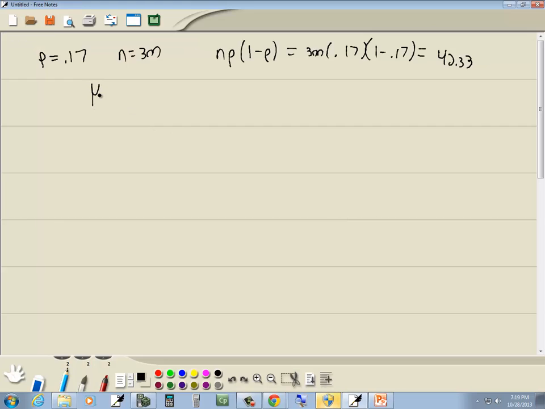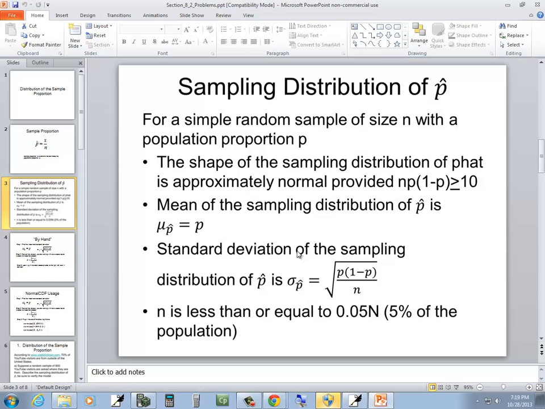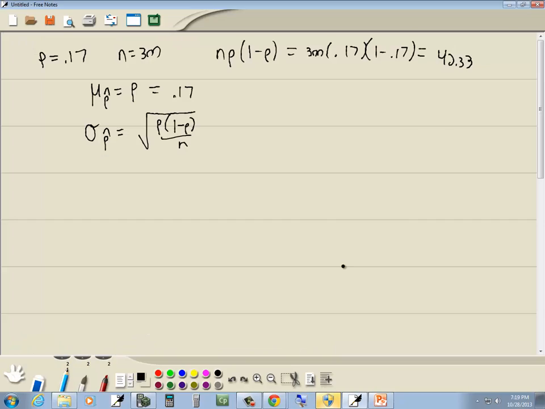Okay, so the mean is equal to p. So mu sub p hat is equal to p, which is 0.17. Sigma sub p hat is equal to the square root of p times 1 minus p over n. This is the formula here. Well, p is 0.17 times 1 minus 0.17, or 0.83, divided by n, and n is 300.